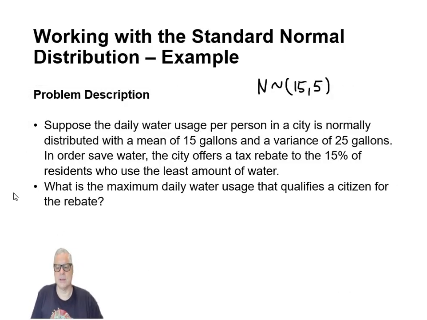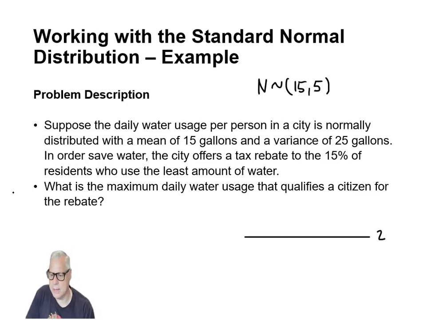Okay. So the first thing that we need to do is find how many standard deviations below the mean you have to be so that the probability mass is 15%. So I'll draw that here. We know something is normally distributed, and we take a look here at the z-score, and we know that the standard normal distribution looks like this.